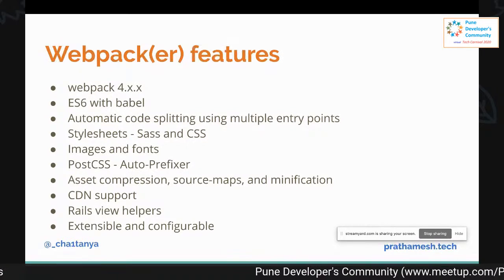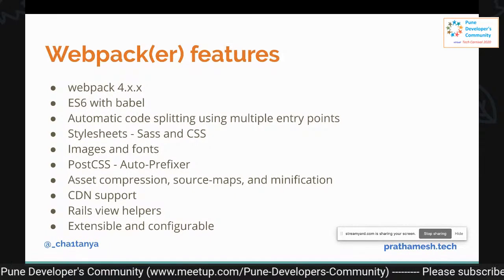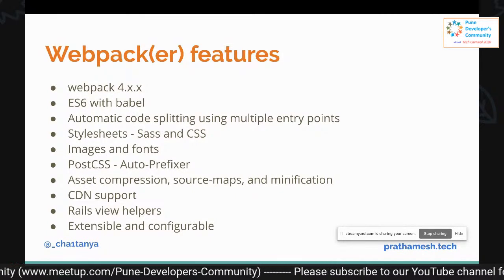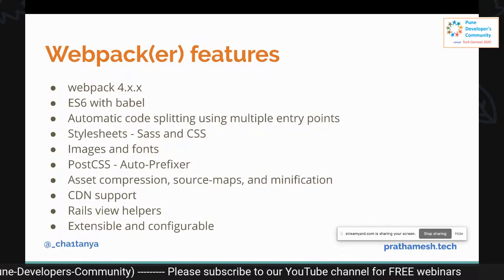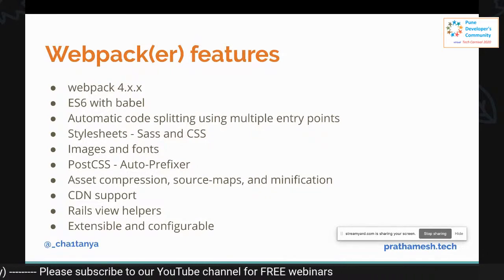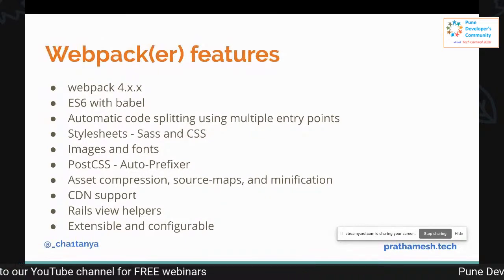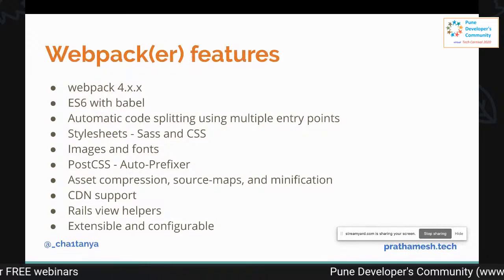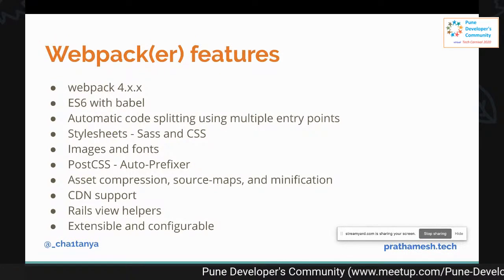It has support for source maps and minification of assets, which is very standard. Almost every build tool supports it. You can use JavaScript CDNs with Webpack and Webpacker. It also has support for Rails view helpers, which is what we mostly need.